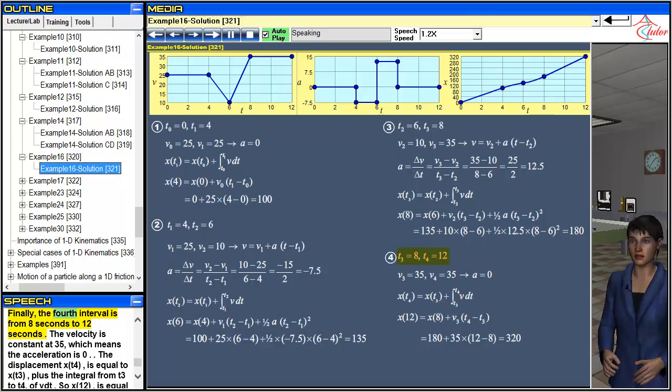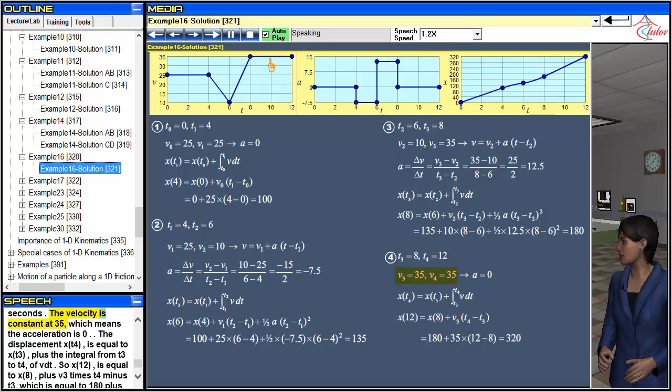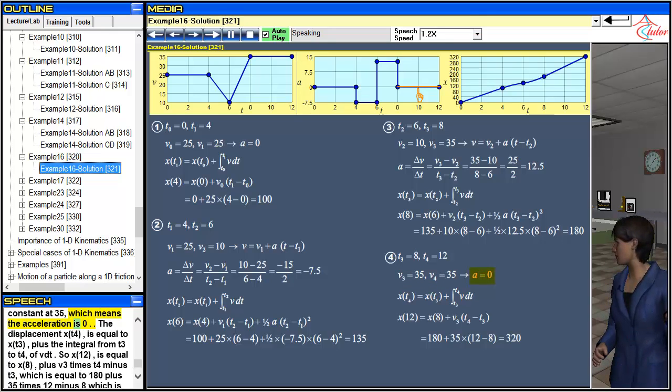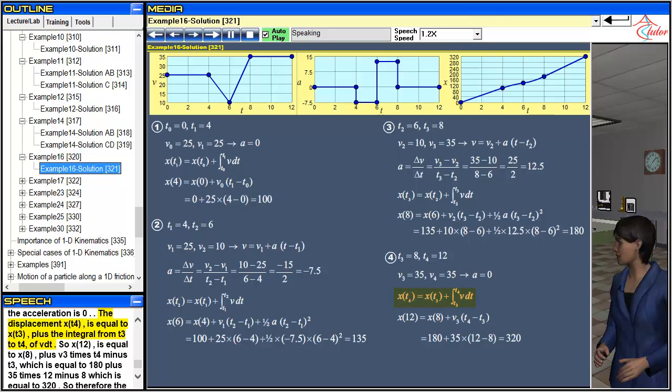Finally, the fourth interval is from 8 seconds to 12 seconds. The velocity is constant at 35, which means the acceleration is 0. The displacement x at time t4 is equal to x at time t3 plus the integral from t3 to t4 of v dt.